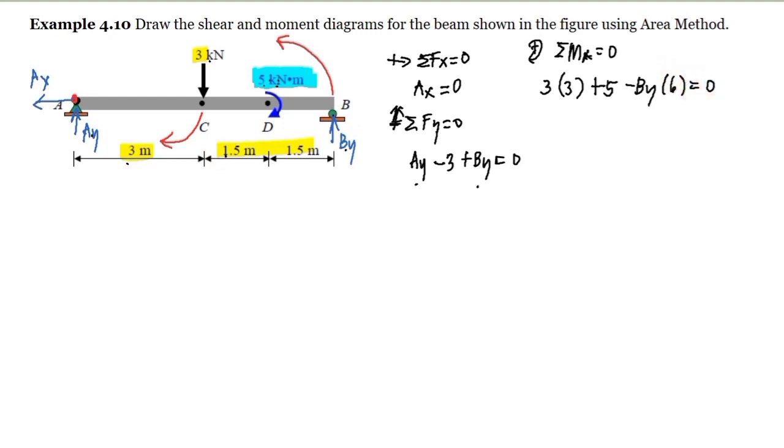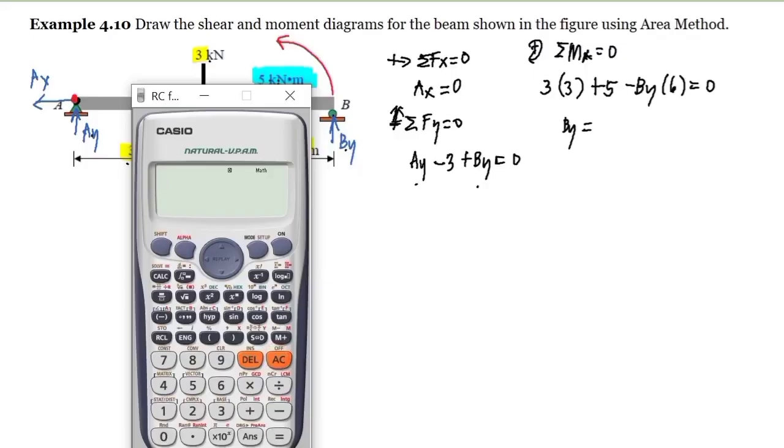Now, computing for the value of the BY, wait lang, open lang akong calculator. So, I have here 3 times 3 plus 5 minus 6x. This is equal to 0. Shift solve equals, and I have 2.33.